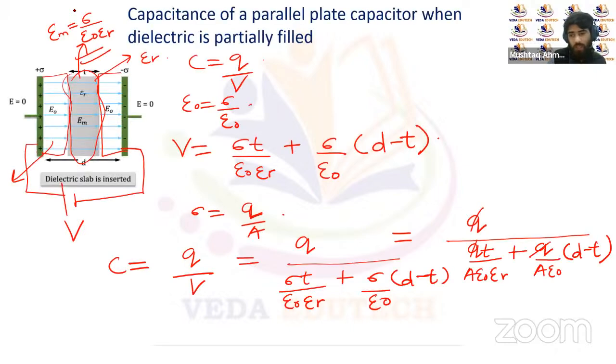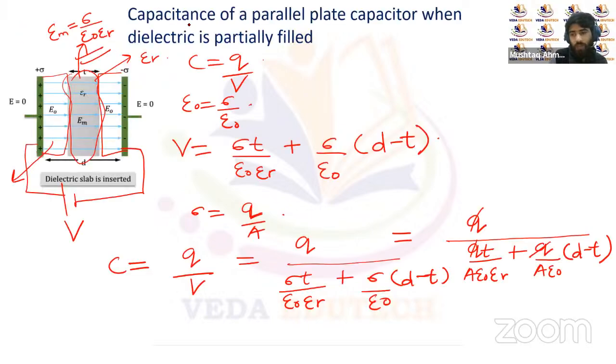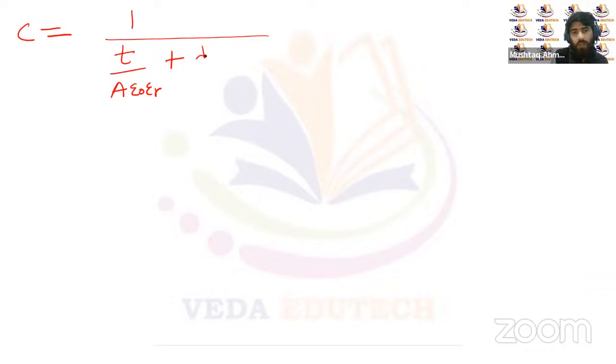C will be equal to Q upon V, that is 1 upon T upon A epsilon naught epsilon r plus D minus T upon A epsilon naught.